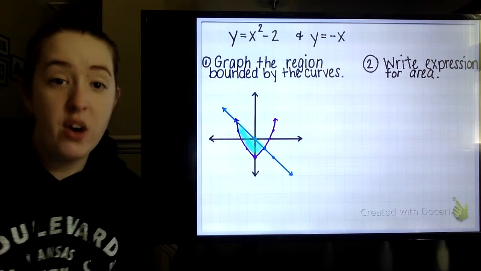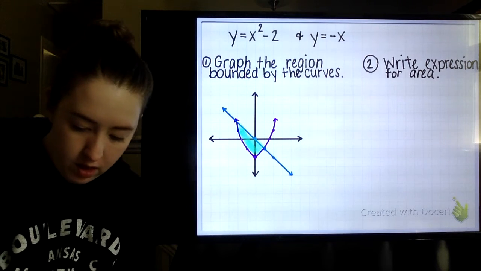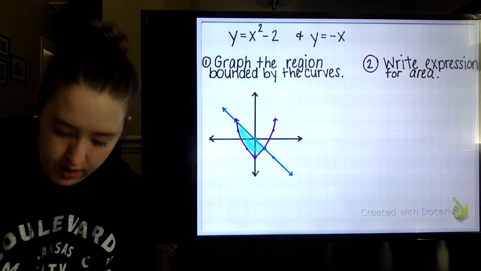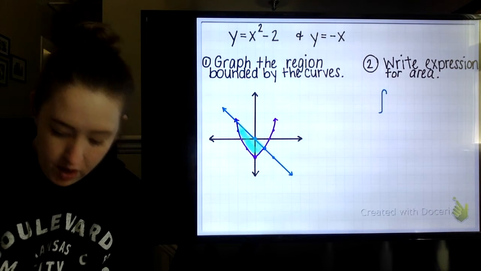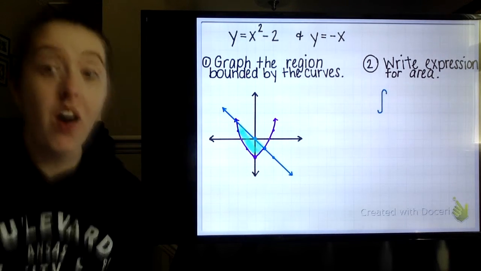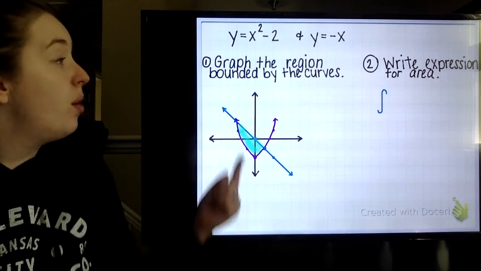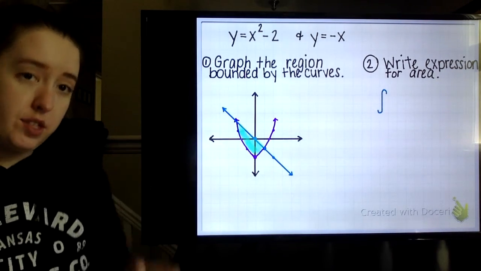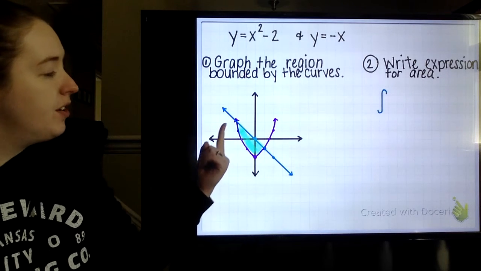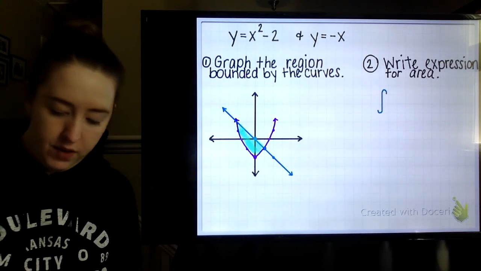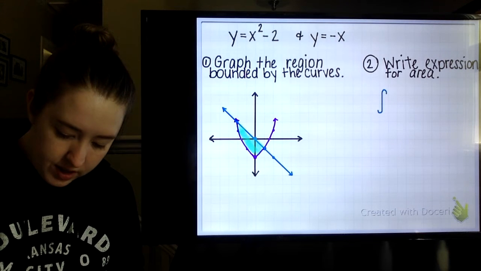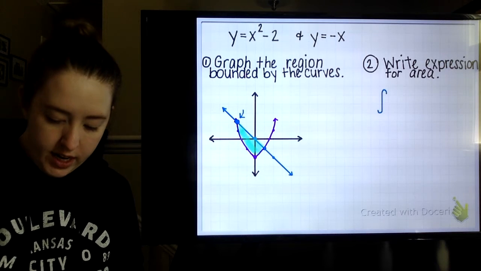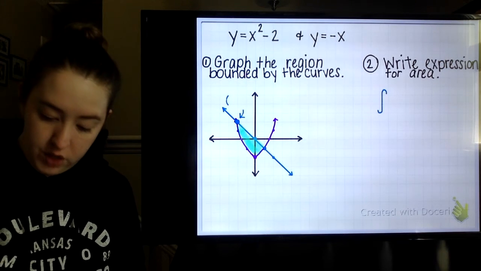So to figure that out, we have to write our integral. So remember, we need our integral from a to b. So first of all, we have to figure out what are a and b here. So a is the x value that is farthest to the left, b is the x value that is farthest to the right. So to figure out what this x value is going to be over here, that's going to be the intersection of those two graphs. So we have a coordinate there at negative 2, 2.